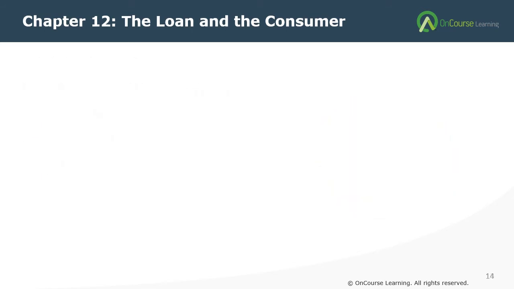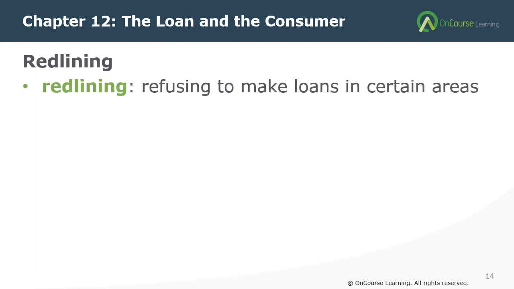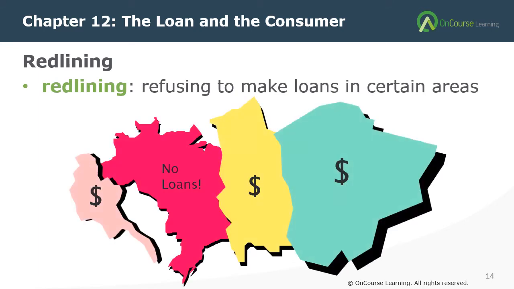Before we go into more detail into the process, let me introduce to you the concept of redlining. Redlining occurs when lenders refuse to make loans in certain areas.